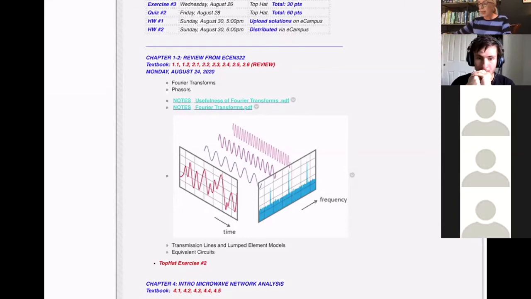So what I decided to do today is, first of all, to talk about why Fourier transforms are useful, and second, to have an introduction to Fourier transforms. And if we have enough time, then we'll talk about transmission lines and lumped element models, which is mostly a review from the past. And then equivalent circuits.